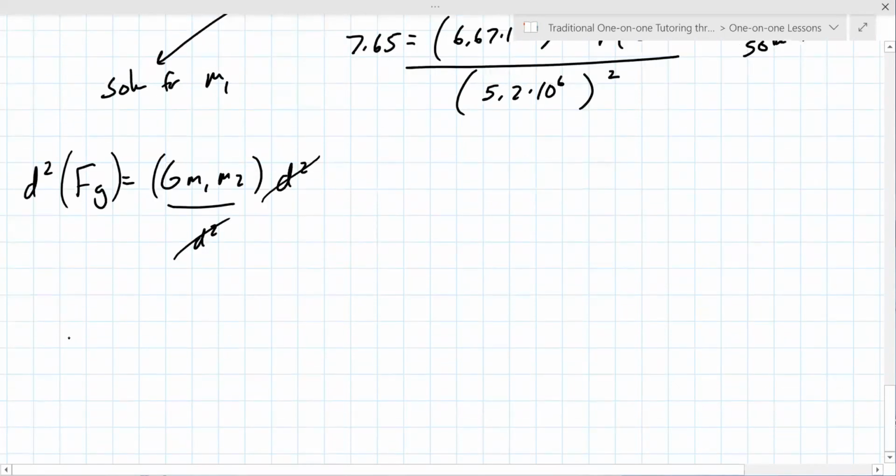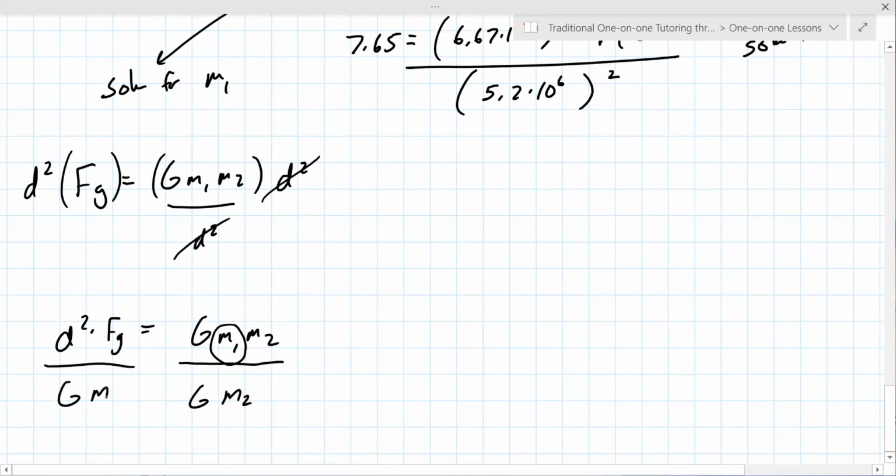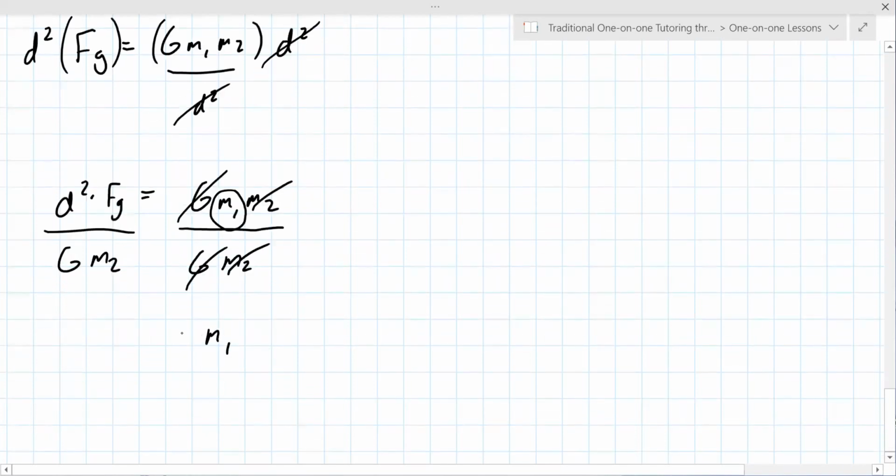So you get D squared times FG equals G M1 M2. Now M1 is what we're trying to find. So we divide both sides by the other variables, G and M2. And see how they cancel? So your M1 is now D squared times the force of gravity over G times M2.